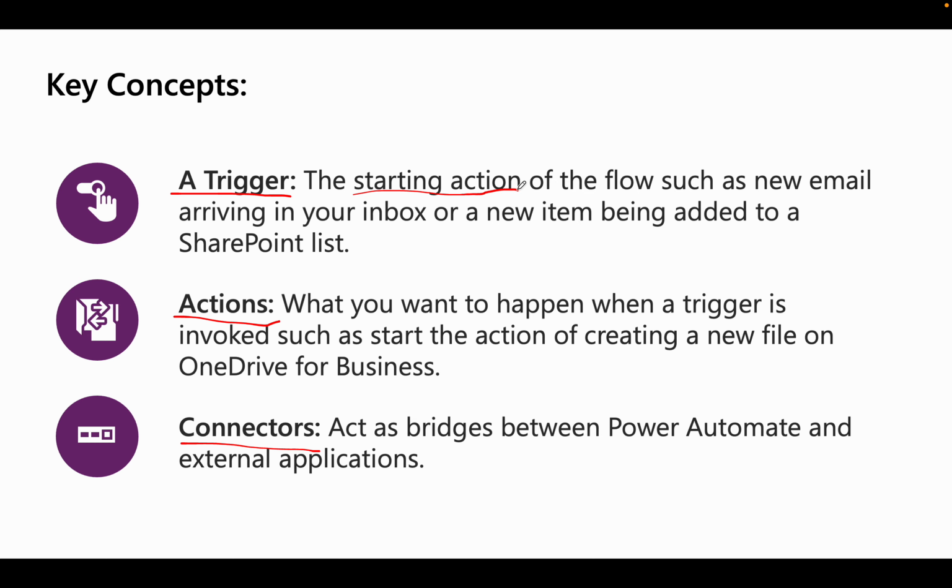When your flow wants to start, for example, a new email arrived, this is called a trigger. After your flow is started, you may do more things. Whatever you want your flow to do is called actions. For example, after your flow starts, you want to create a new file on OneDrive. That is an action.